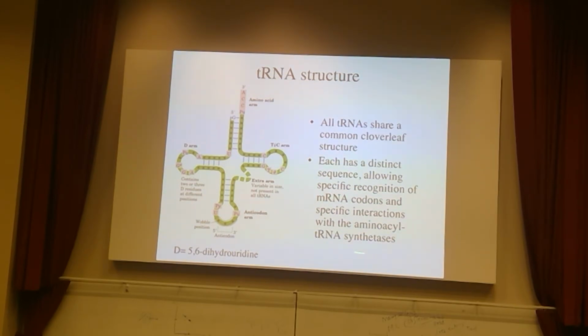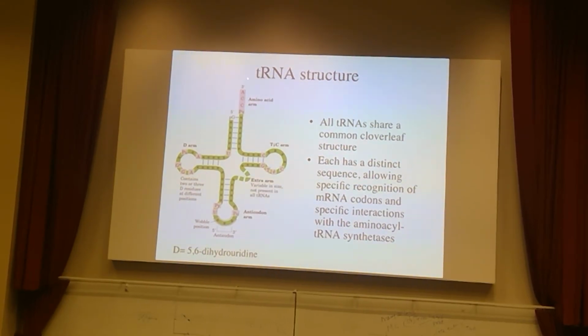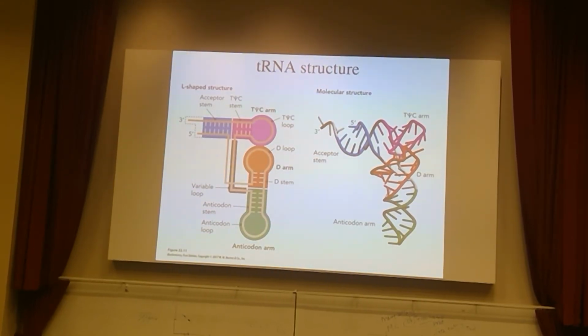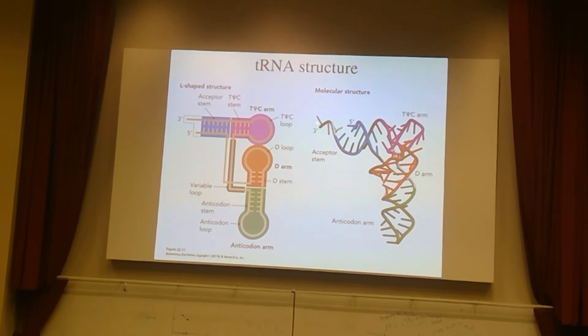And there is a family of enzymes, the aminoacyl tRNA synthetases, that are responsible for conjugating the amino acids at that position. Here's the three-dimensional structure of the tRNA, showing the anticodon right down here, and here's our acceptor stem, CCA. Here's where we need to attach our amino acid.